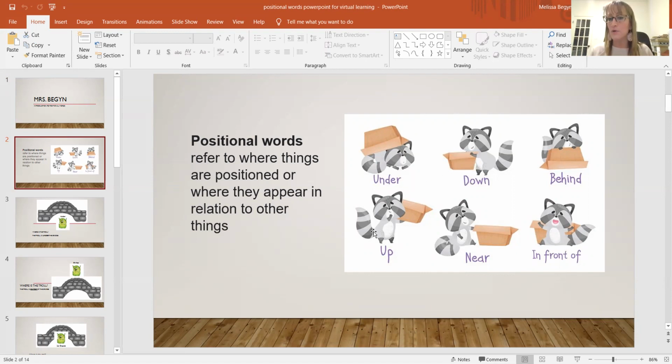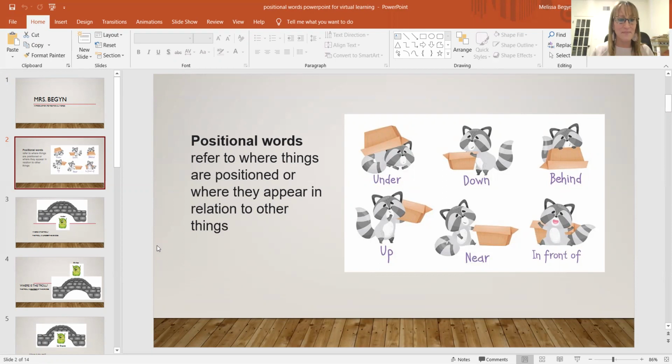Down is a positional word. Here he is holding the box up. That's a positional word. Here he is standing near the box or next to the box. And finally, here he is standing in front of the box. That's what Miss Began means when she says we're going to do a little lesson on positional words.